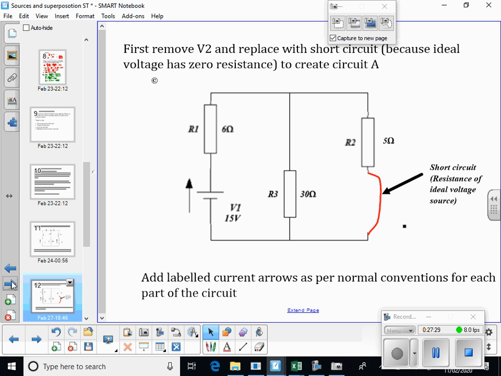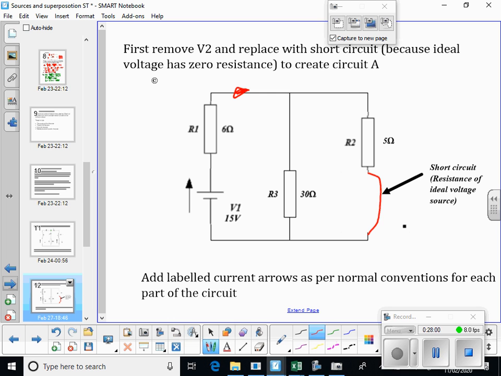We're taking V2 out of that side and putting a short circuit in, drawn so you can see that something has been replaced. Now we can add load current arrows as per normal convention for this part of the circuit. If I go up the top here, which way would current flow? To the right? Yeah.